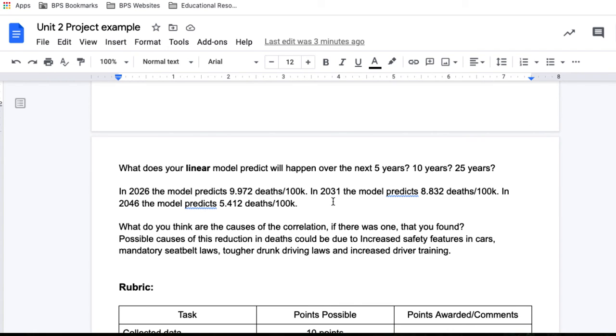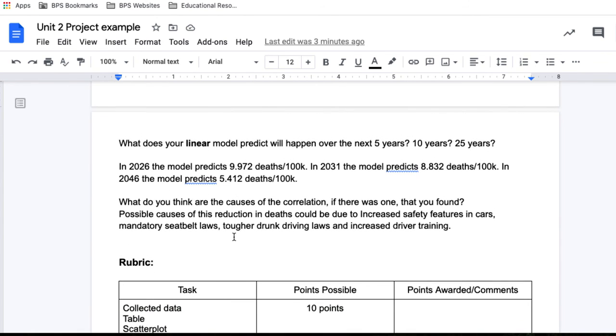So for 2031, I plugged in 81 for X, and the model predicts 8.832 deaths per 100,000. And 2046, so X was 96. This is 96 years after 1950. That predicts 5.412 deaths per 100,000. You notice, obviously, these are all going down.